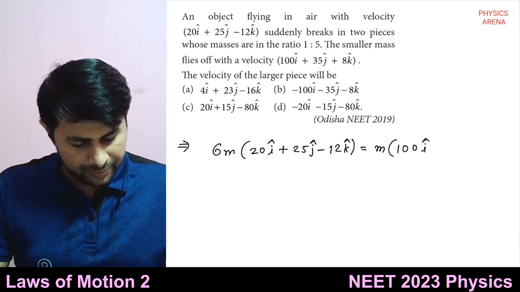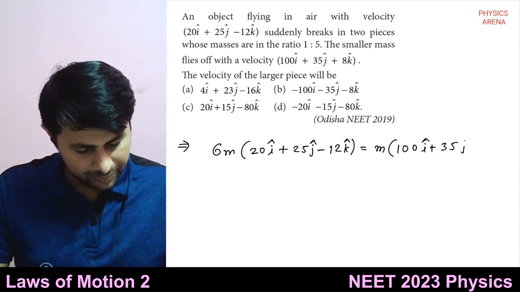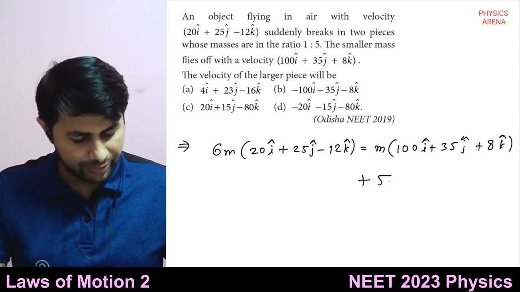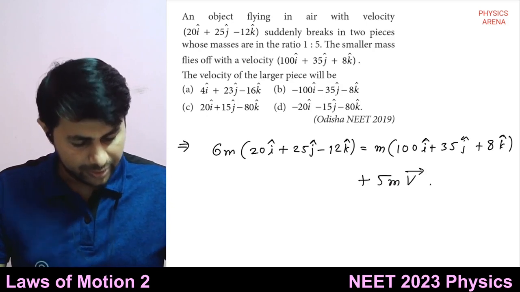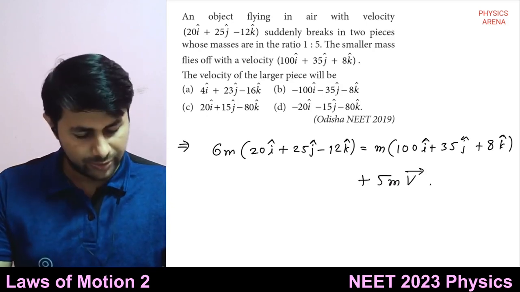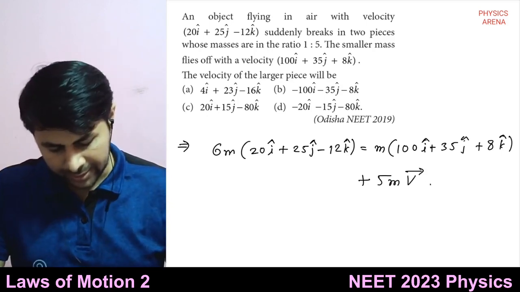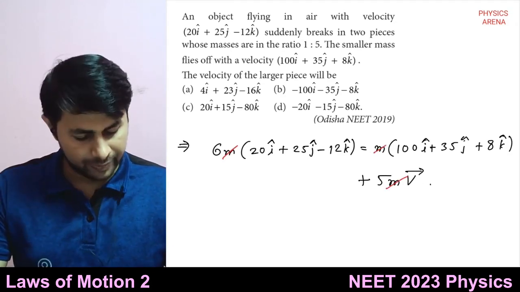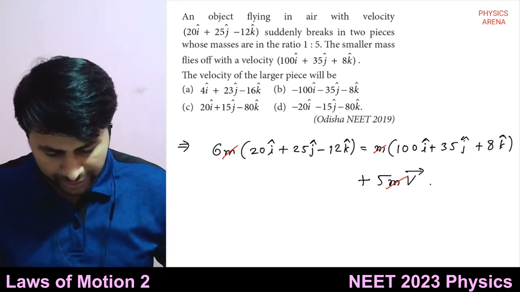So 100i plus 35j plus 8k, plus we have 5 times m multiplied by v bar, that we don't know and have to find out. Then we can cancel out m.